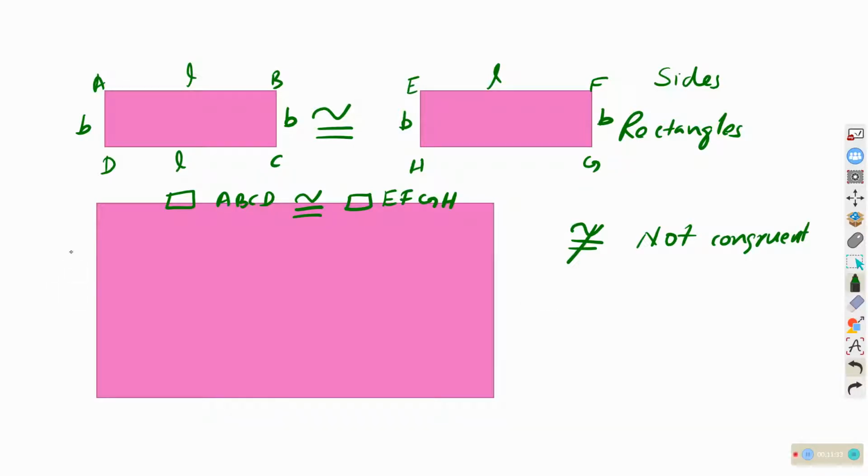I name this as K, L, M and N. So I will say rectangle ABCD is not congruent with the rectangle KLMN. So you will wonder whether congruence is always talking about figures.